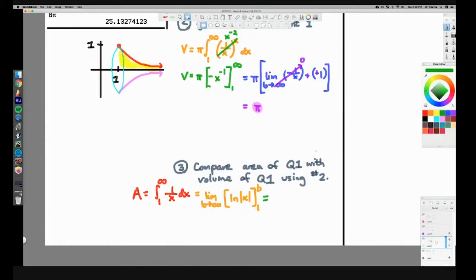Long story short, you are right that it is infinity. So the limit as b goes to infinity of ln of b minus ln of 1, ln of 1 is 0. So now you have ln of b.